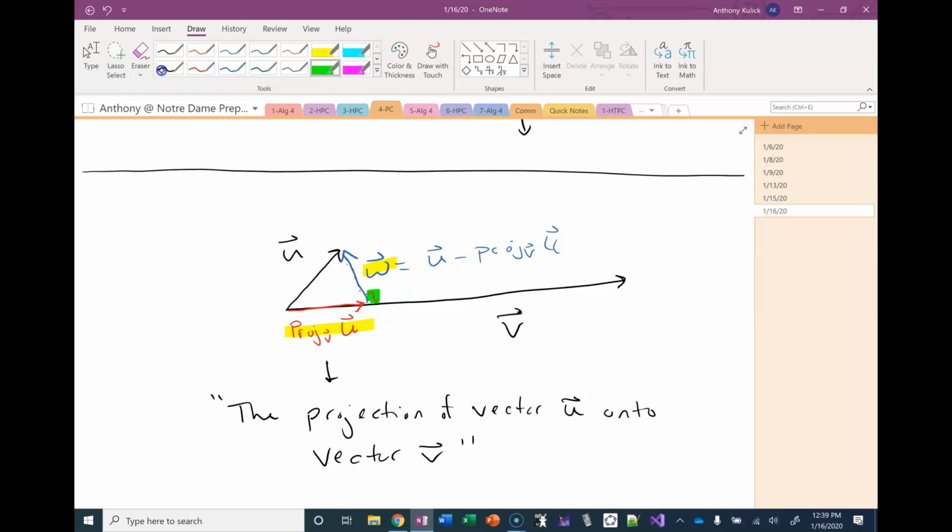Okay, so this outlines my procedure for taking some vector u and breaking it into orthogonal components.